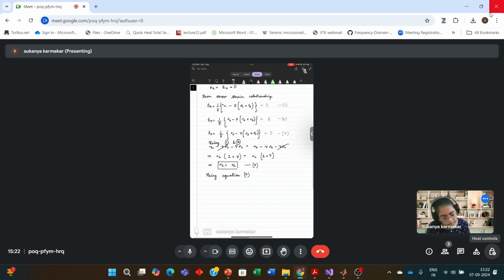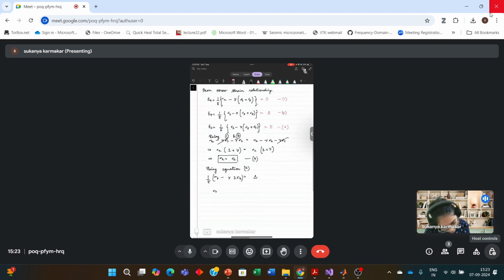Sorry, I should have written sigma y plus nu times, this is sigma x and sigma z, so 2 sigma x, and this is equal to some quantity delta, and I have a 1 by E term here. So sigma x, what can we write as sigma x?